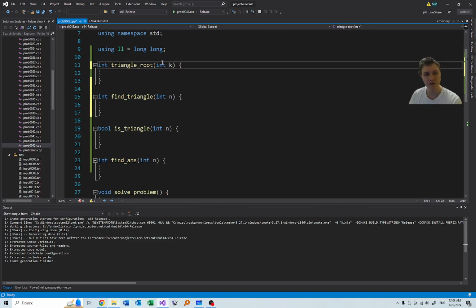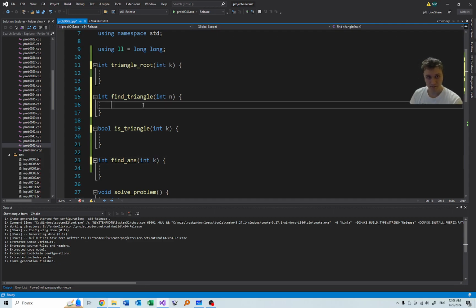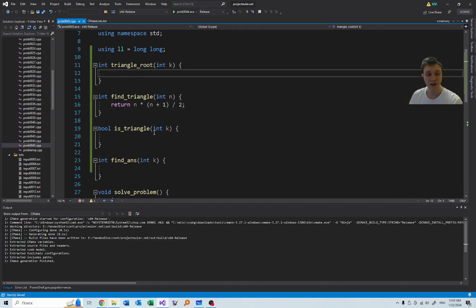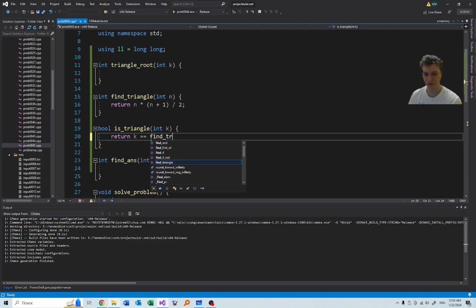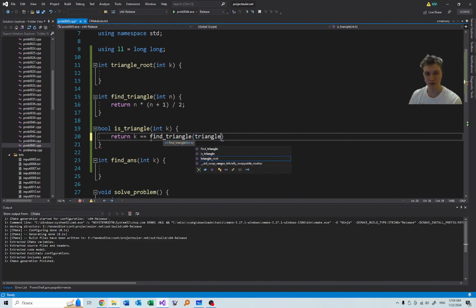So k is what we take the root from, and n is the index of a number. To find a triangle, we return n times n plus 1 over 2. Here we check that k equals find triangle of triangle root of k.